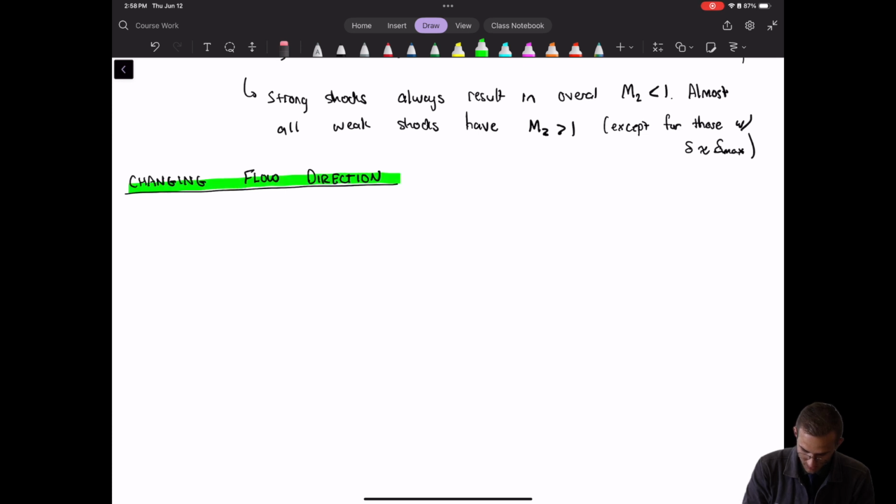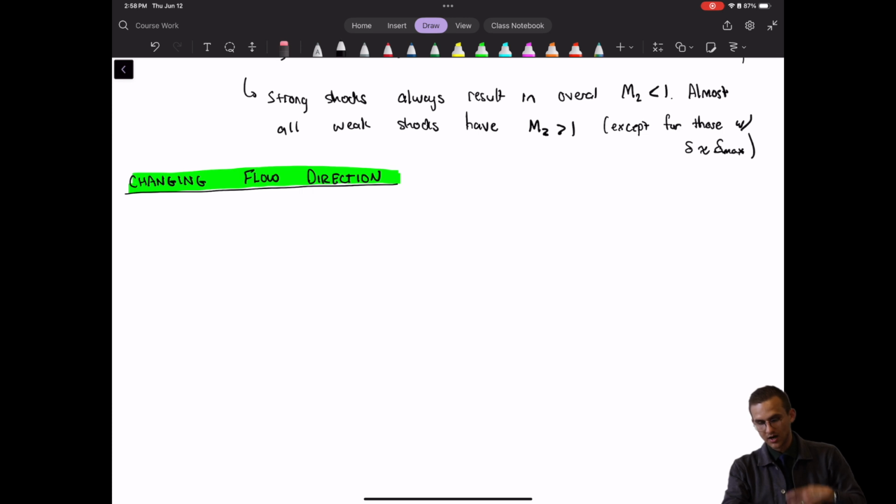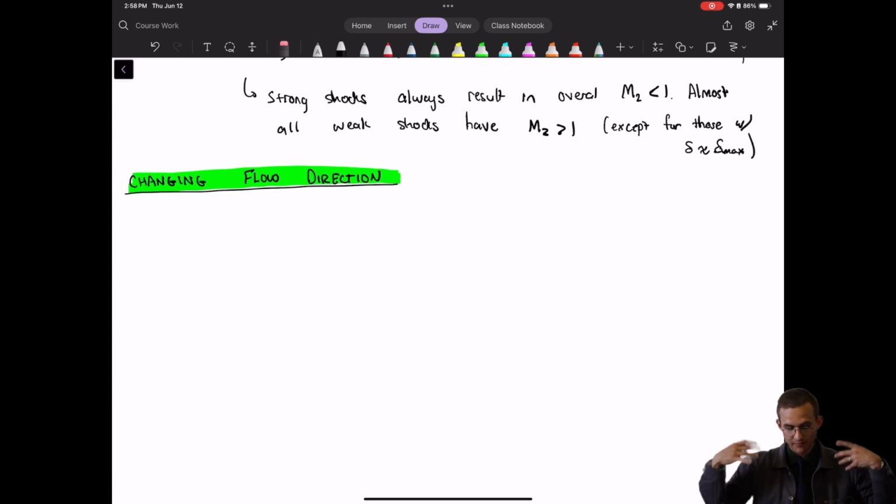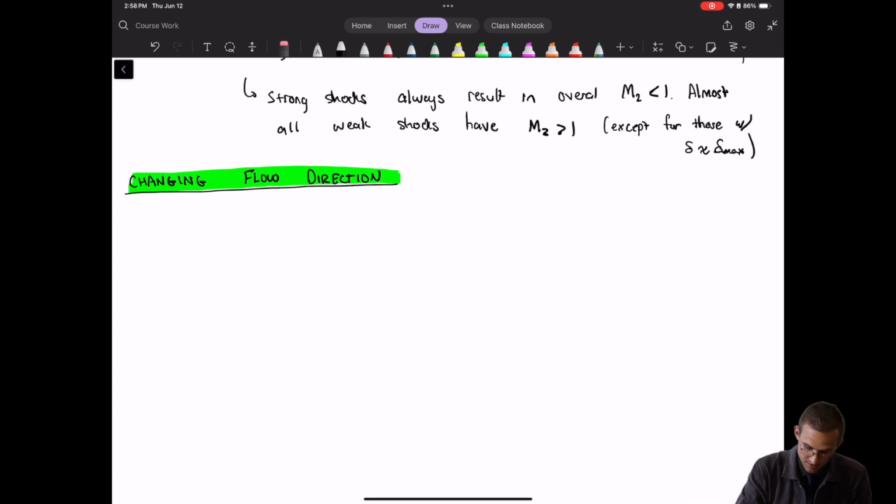And what I'm going to show here is that a requirement to change your flow direction with a supersonic upstream flow is what gives rise to oblique shocks. Oblique shocks occur to satisfy a flow direction boundary condition. Okay, so that's what causes the formation of oblique shocks around objects.